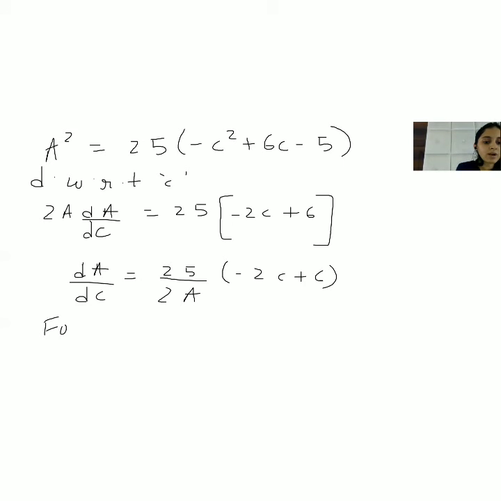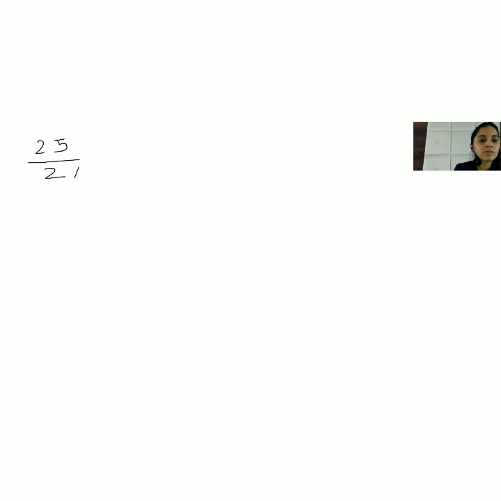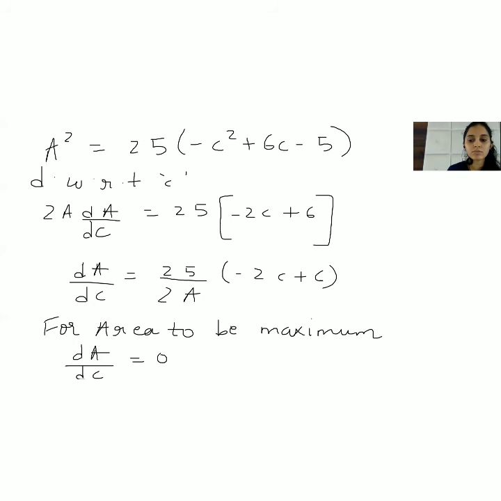For area to be maximum, what do we have to do? dA by dC should be equated to 0. So we say dA by dC is equal to 0. So we have 25 upon 2A, minus 2C plus 6, equal to 0.